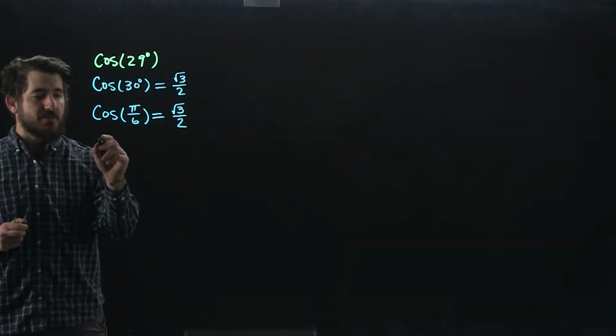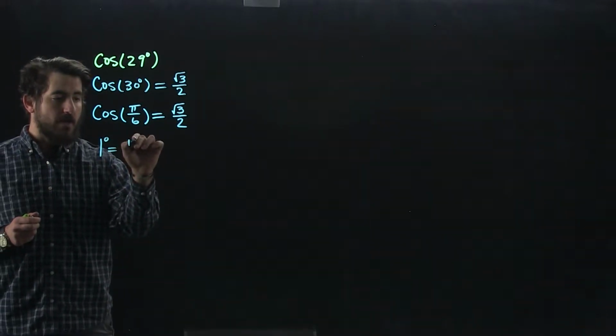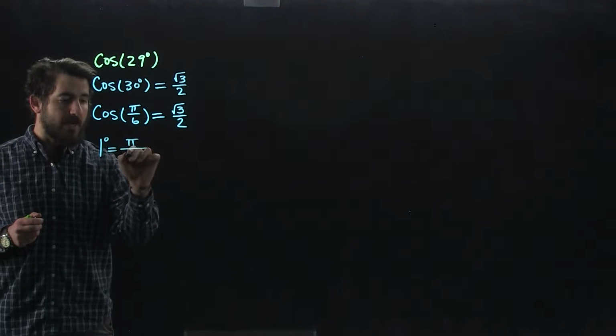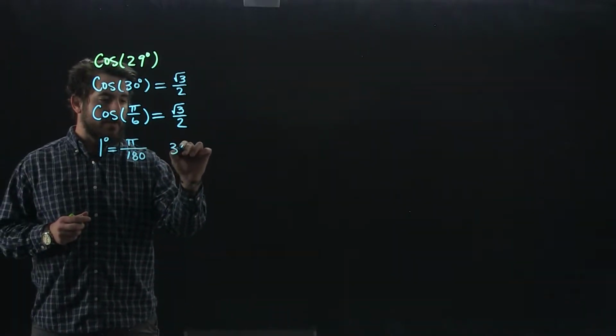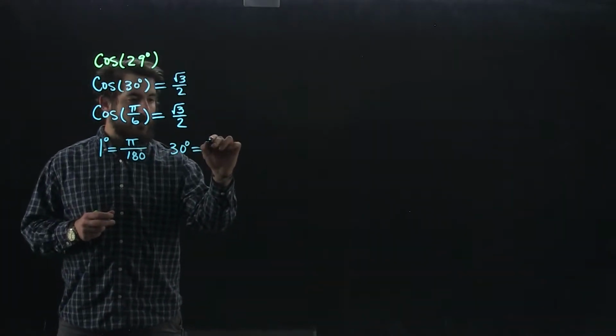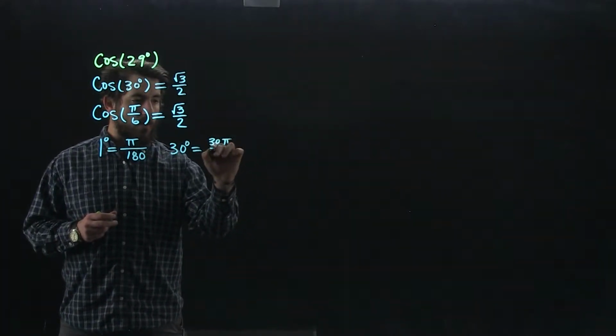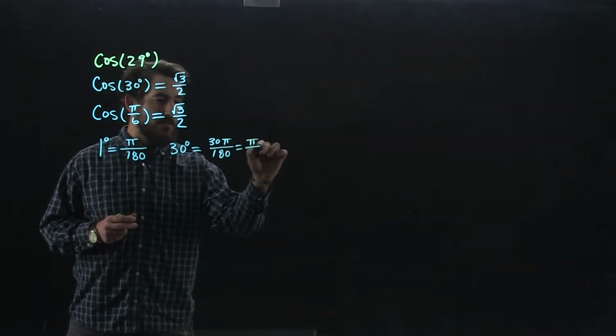So a note to self is 1 degree equals 1 pi over 180. And so that means 30 degrees equals 30 pi over 180, which is equal to pi over 6.